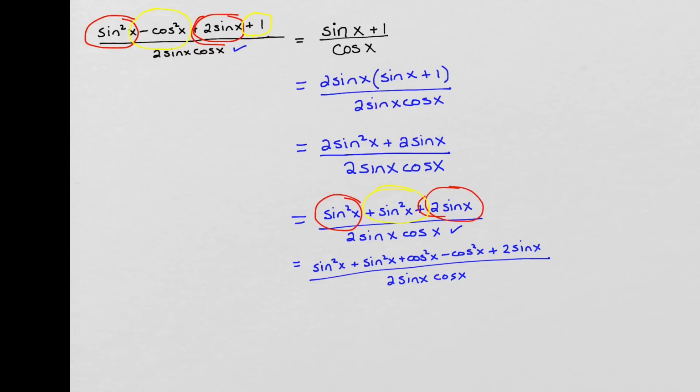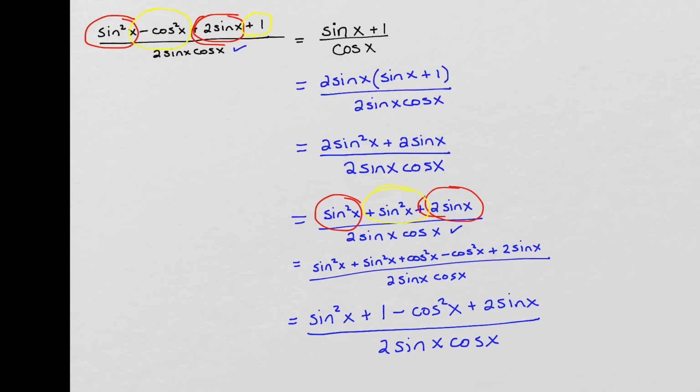All right. So now what I have is sine squared x, and sine squared x plus cosine squared x is 1. So I have a plus 1 minus cosine squared x and plus 2 sine x, and this is over 2 sine x cosine x.